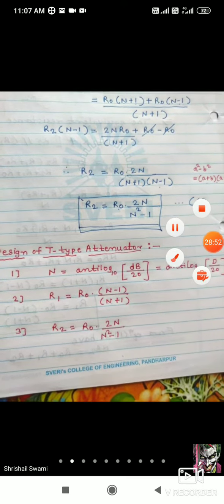Okay, so we are going to start to solve the problem. Such type of problems they will ask for 4 marks, and compared to filter it is very easy again.